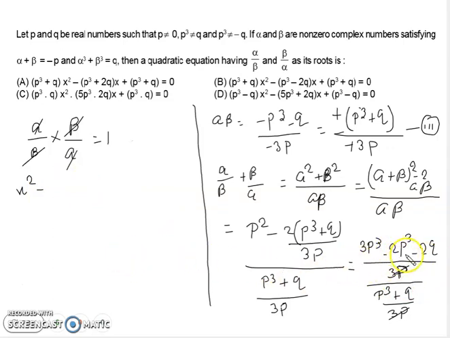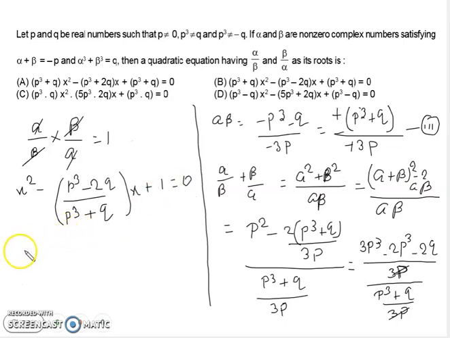After simplifying you will get p cube minus 2q divided by p cube plus q, times x, plus 1 is equal to 0.